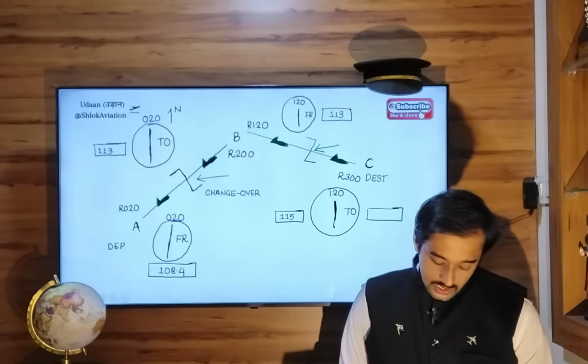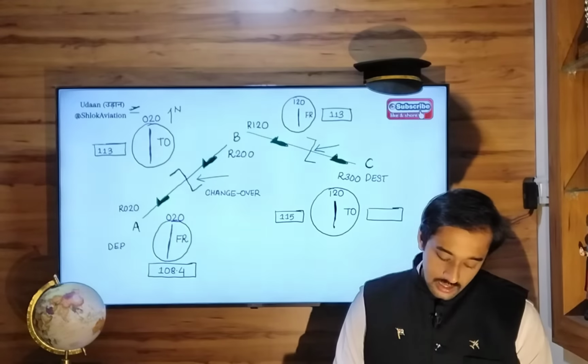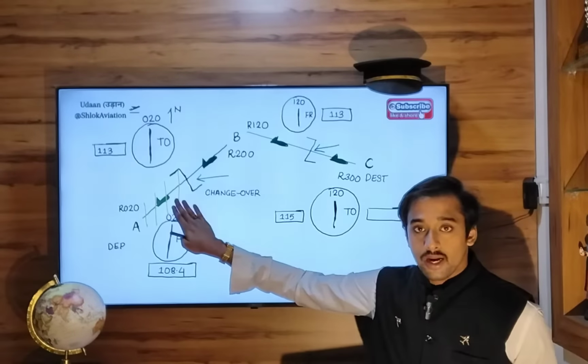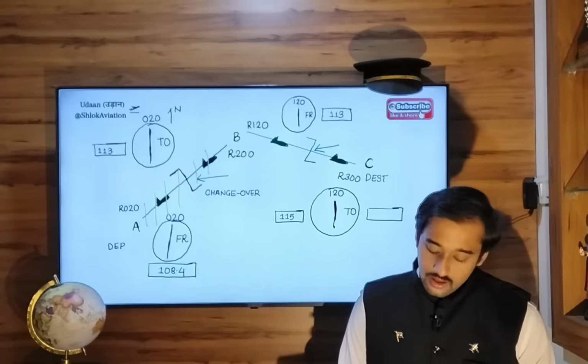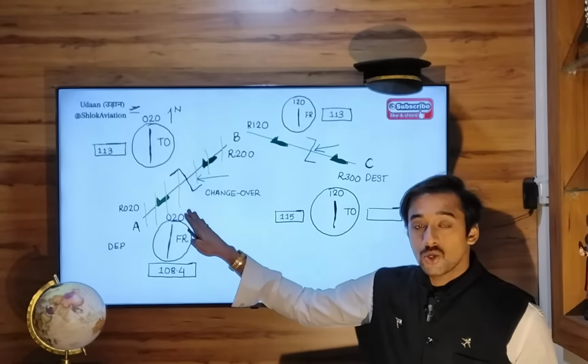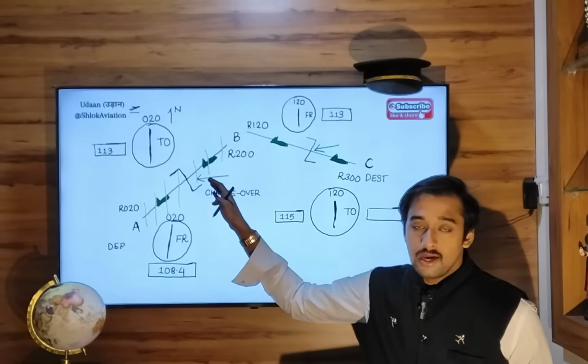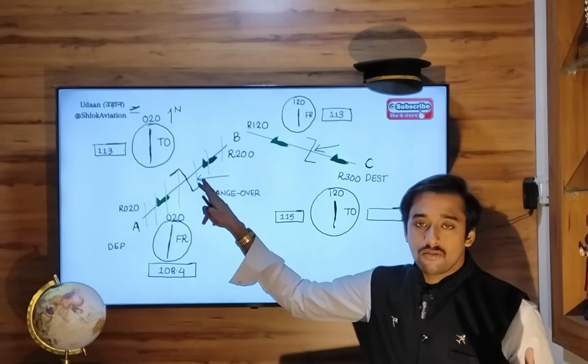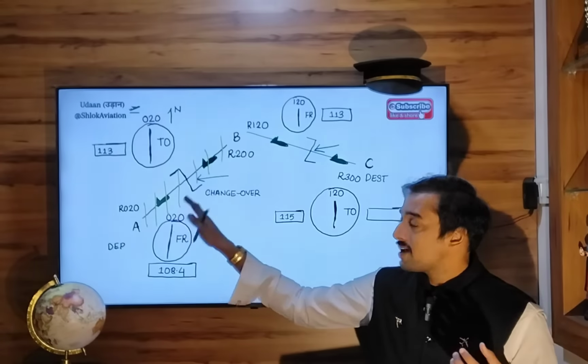Up to this region, VOR-A transmissions will be accurate. In this region, VOR-B transmissions will be accurate. So at this changeover point, you should change to VOR-B. If you don't do that, you will be getting erroneous indications, a mixture of VOR-A and VOR-B.